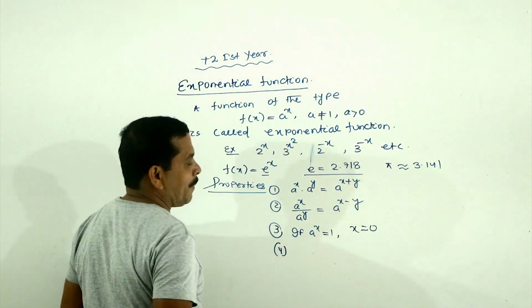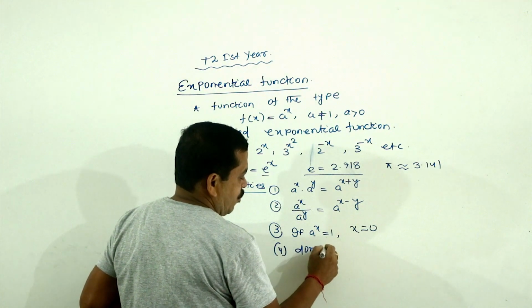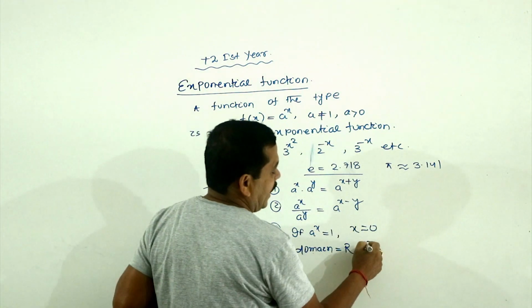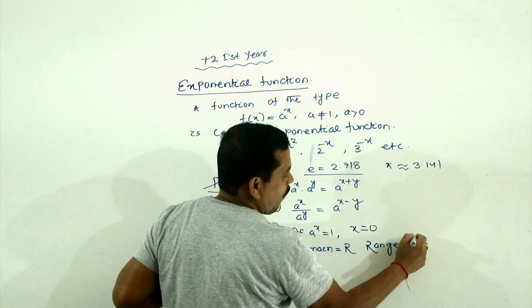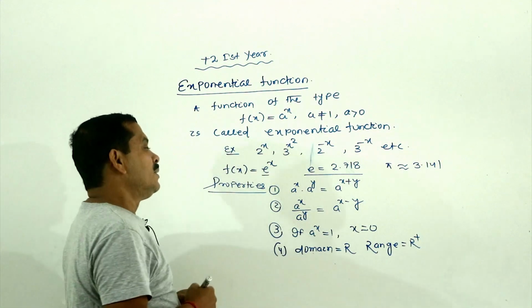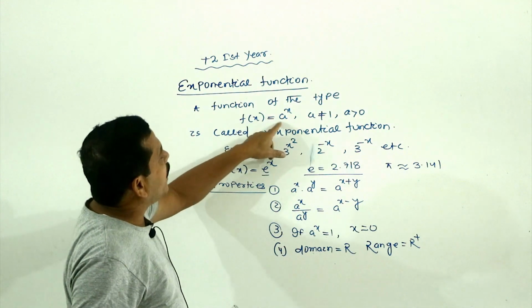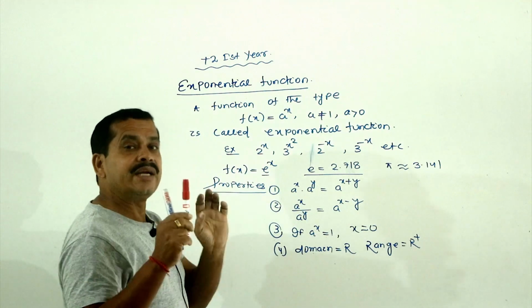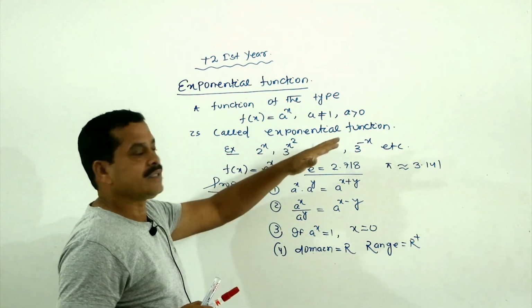Number 4, the domain of exponential function is real numbers and the range is positive real numbers. Domain means the values of x for which a to the power x is meaningful or can be defined, and the output is the range.